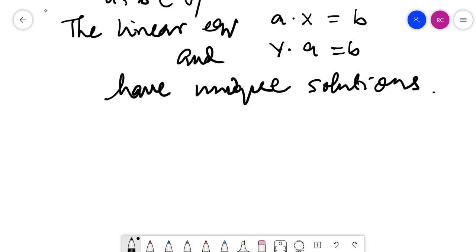So it has unique solutions, which means this pair x and y, the solution pair, only one such pair would exist, not more than one pair would exist.